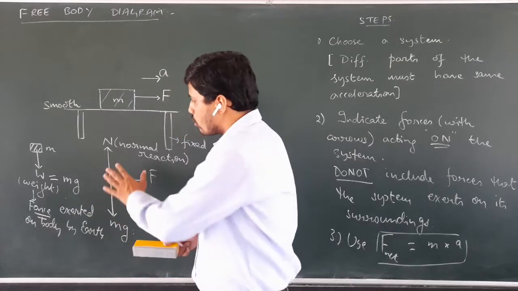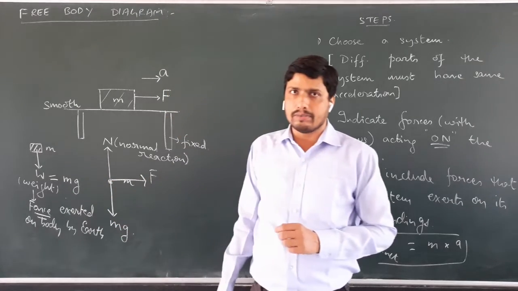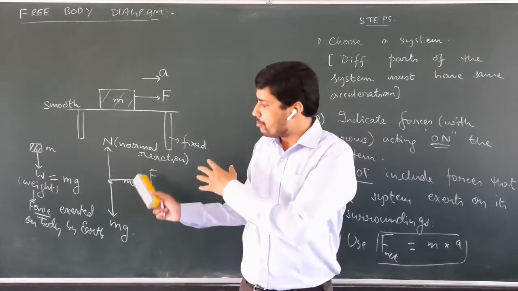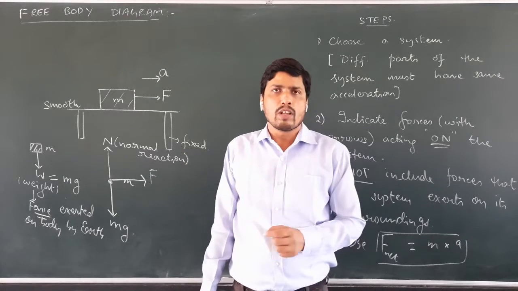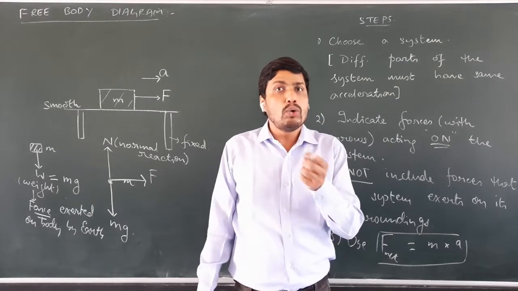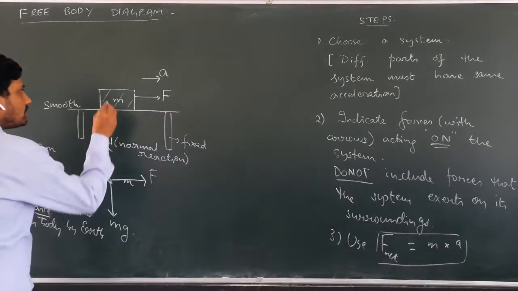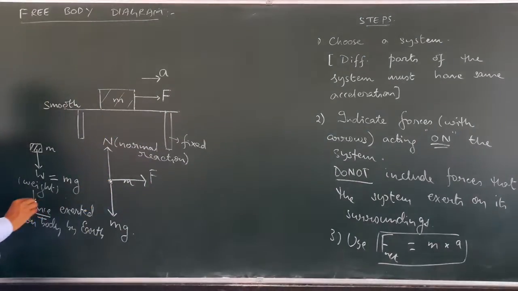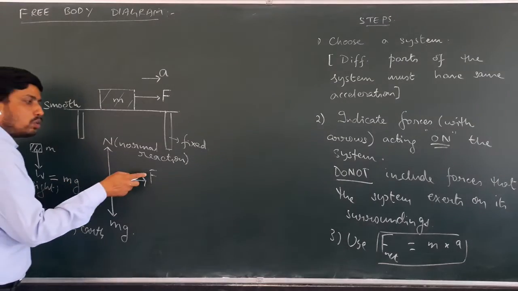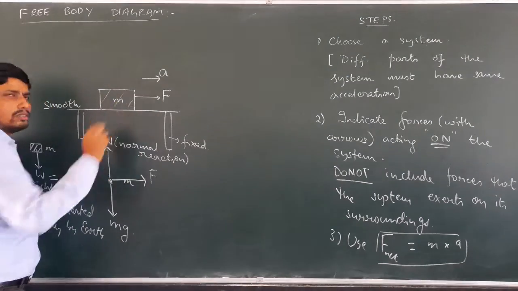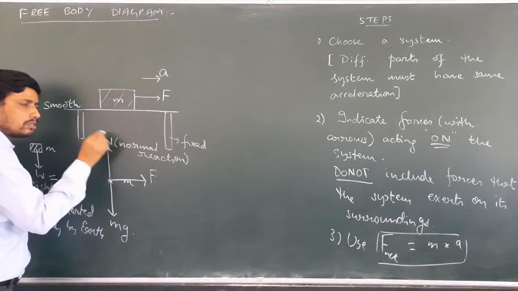When you draw this figure, for beginners, those who are beginning the problems pertaining to these topics, always ask who is exerting the force on this system. What is my system? My system is this block. Always ask who is exerting this force. Some person. Who is exerting this force?